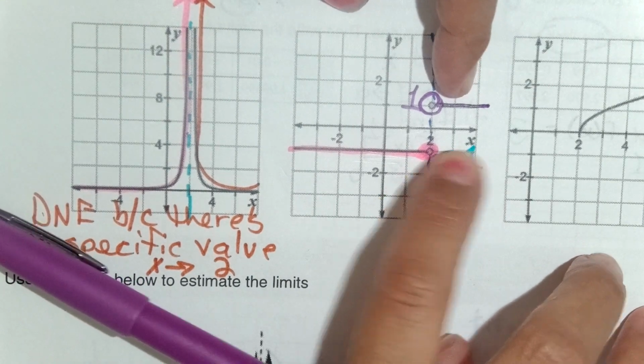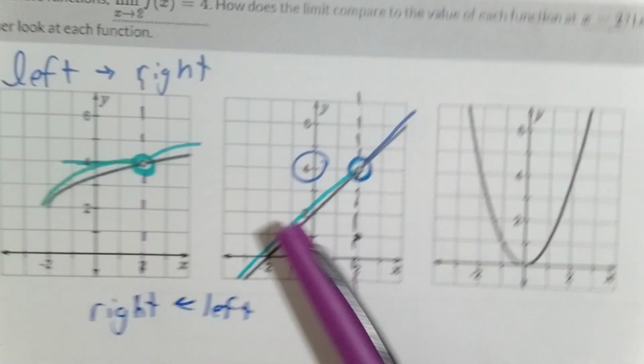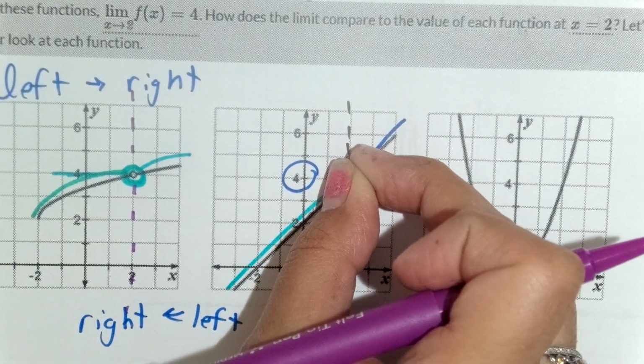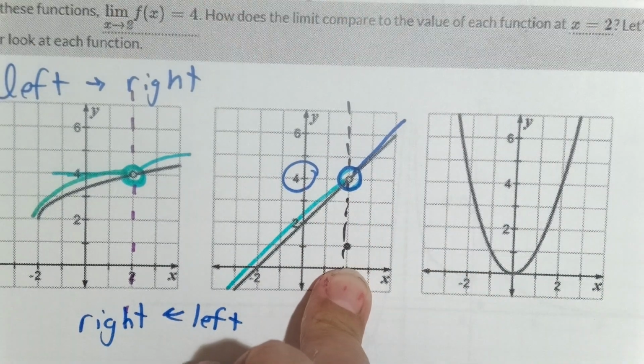This side jumps here, okay? It has to be the same value, or both sides have to touch the same point, okay? That's why this right here is different from here, because this graph touches that point, okay? There's no graph down here, so that's why it does not exist.